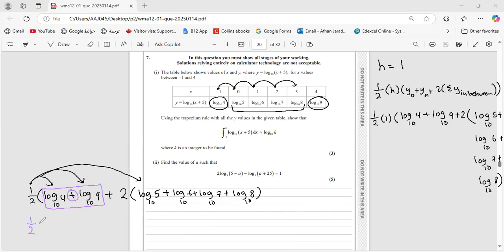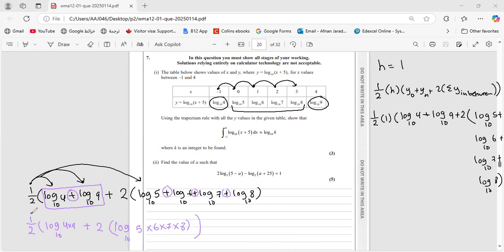So half times log 10(4 multiplied by 9), plus 2 times log 10(5 multiplied by 6 multiplied by 7 multiplied by 8).